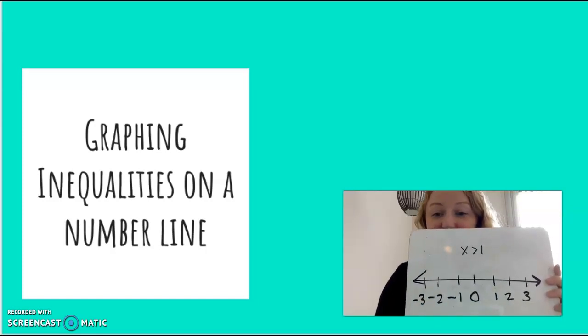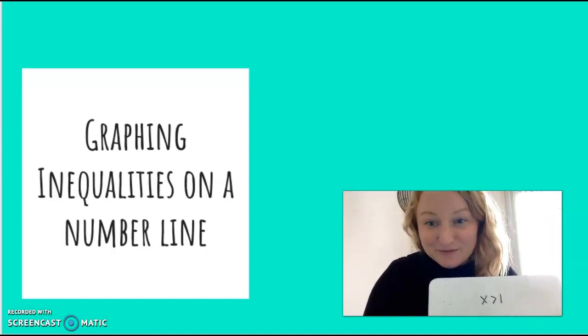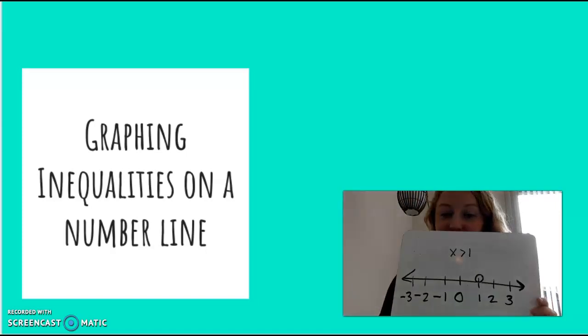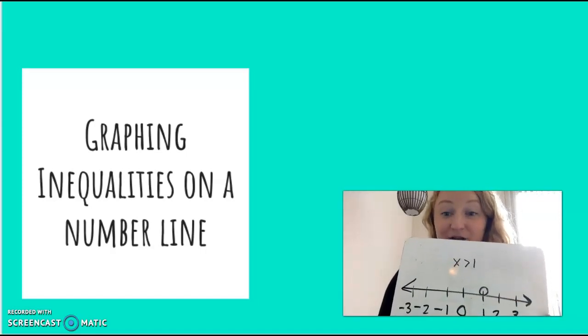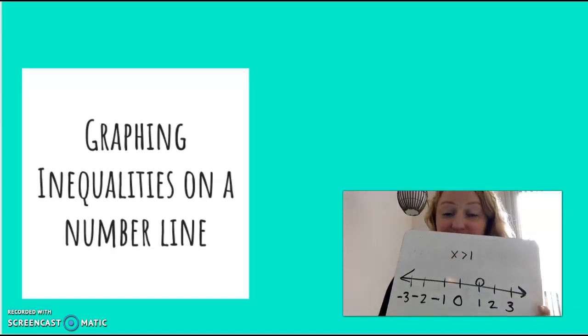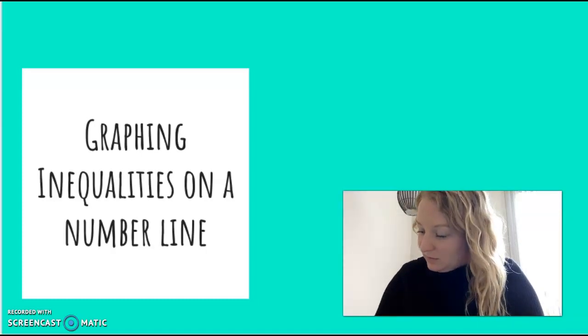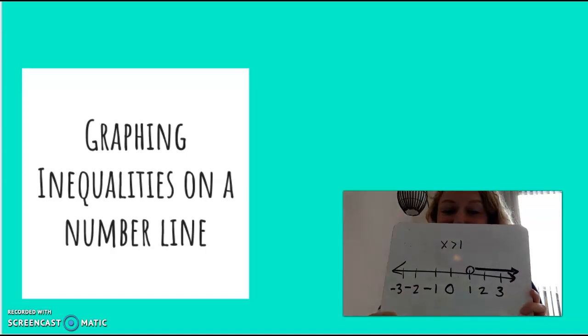So if x is greater than 1, I'm going to put an open circle on 1. And then if x, my variable, my unknown, is greater than 1, I'm going to make an arrow showing all the numbers that it could be.